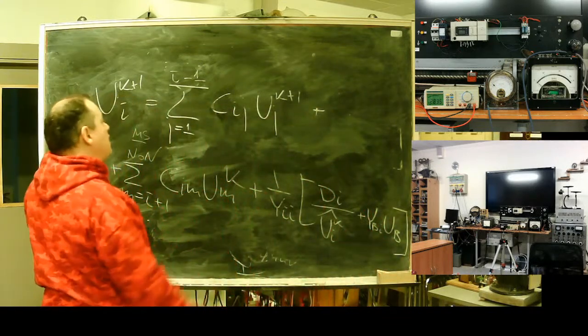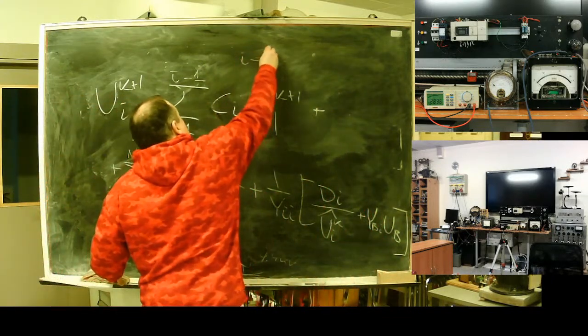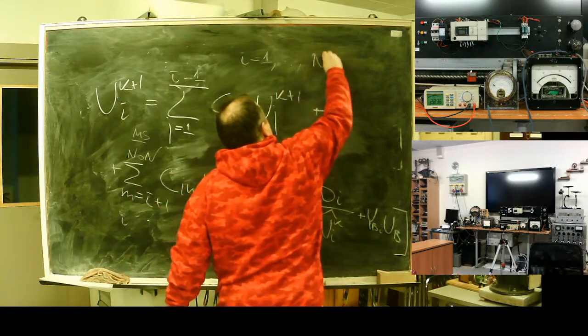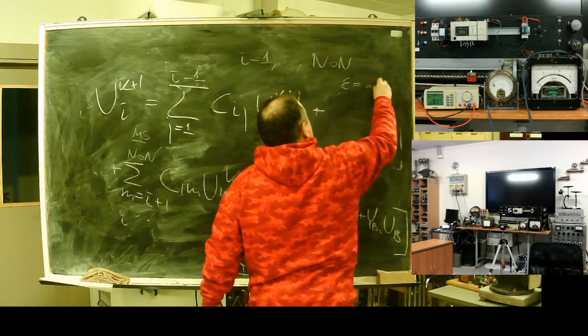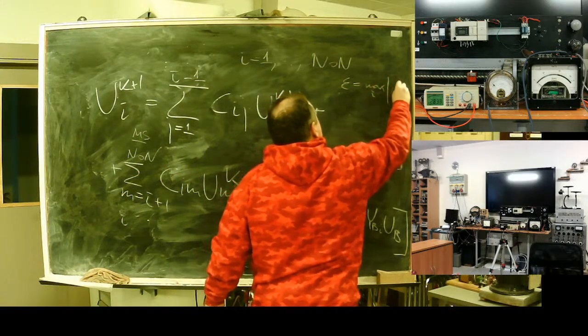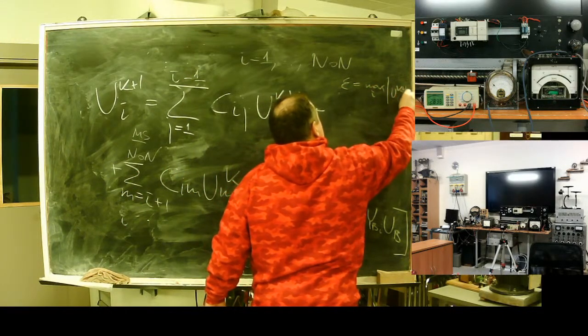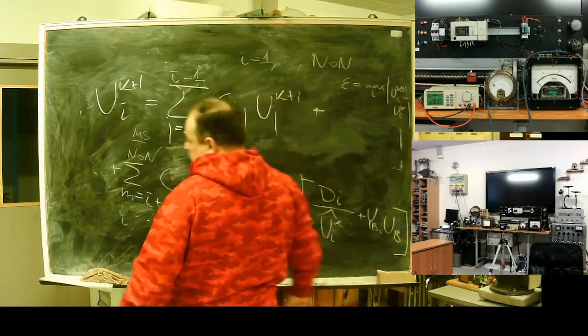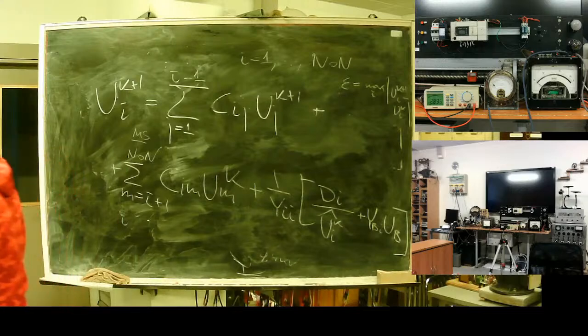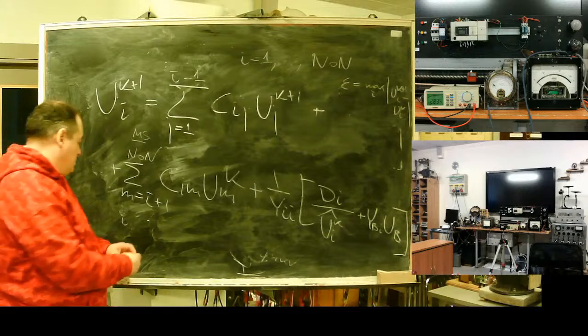And this should be done for nodes from 1 to the number of nodes, until epsilon, the maximum absolute difference between voltages, is small enough, until we achieve the necessary precision.